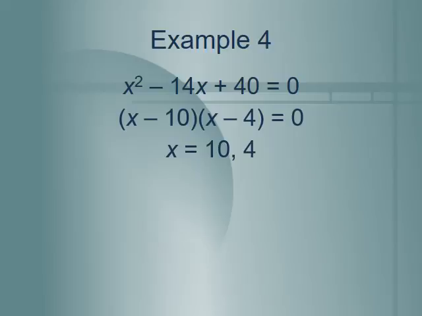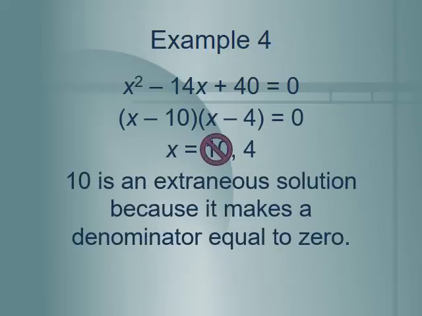So our answers are going to turn out to be x equals 10 or x equals 4. Whenever we look at the original equation, 10 makes the denominator equal 0, and the denominator cannot equal 0, so 10 is not a solution. So 4 is our only solution for this problem. This is where the check is really important.